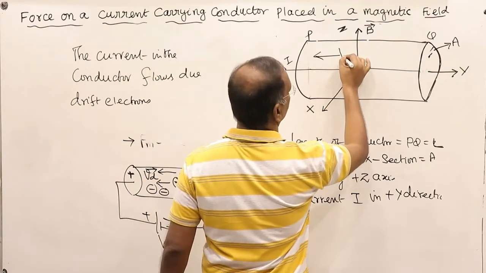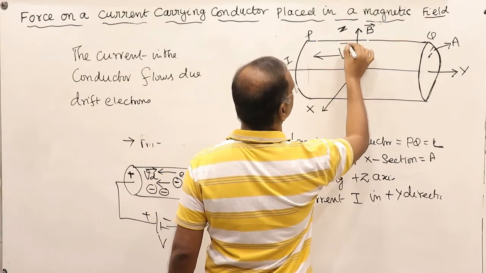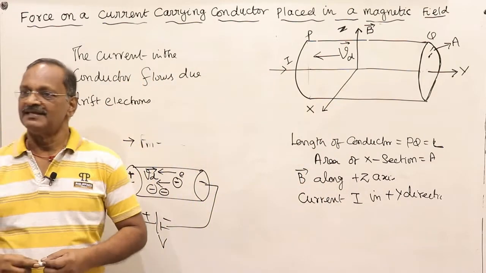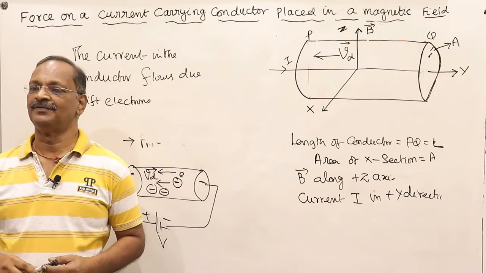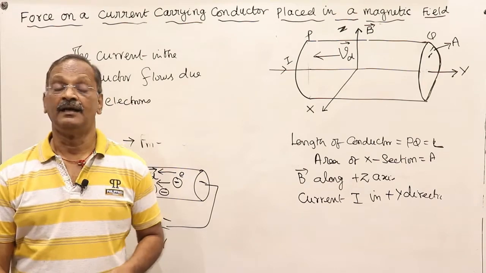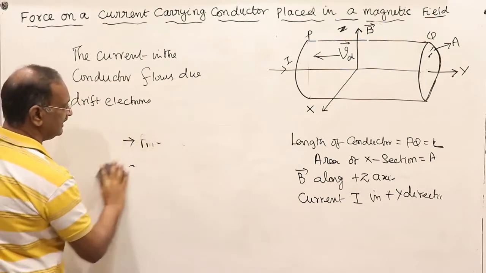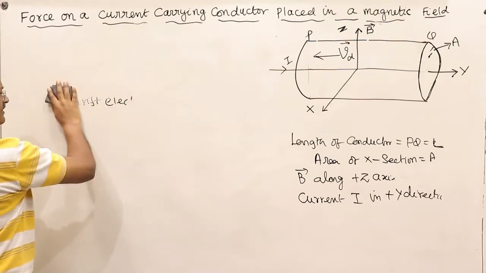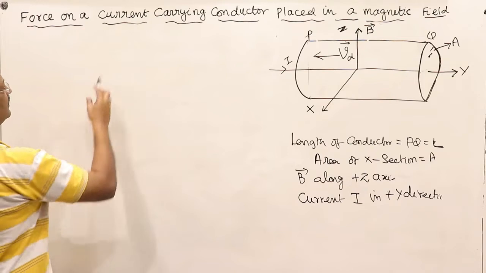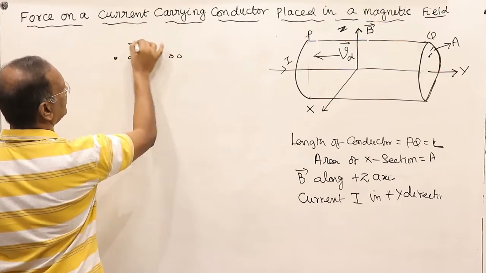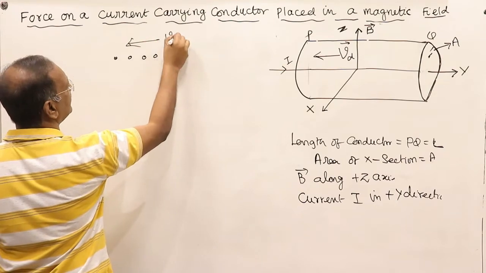So we can call it V drift in this direction. As the conductor is placed in a uniform magnetic field, the current is due to flow of electrons in this direction which is drifting.